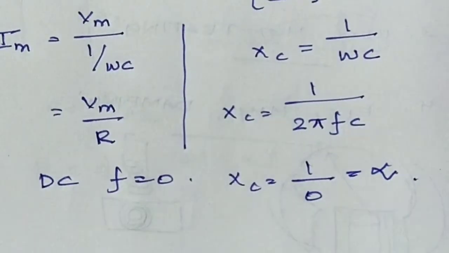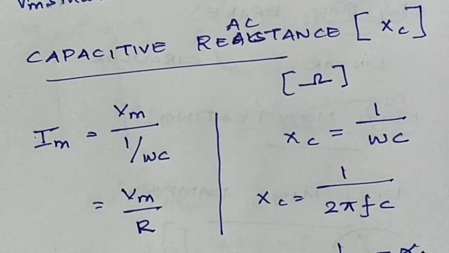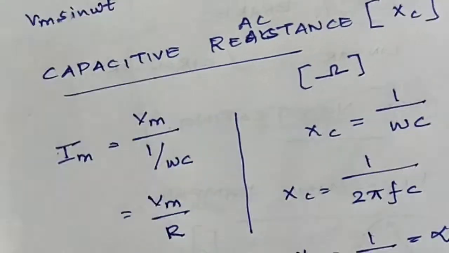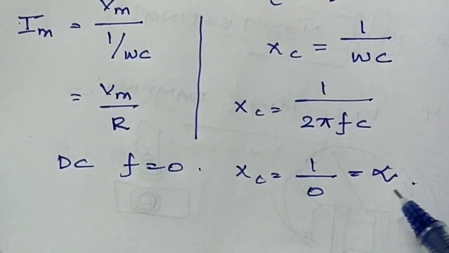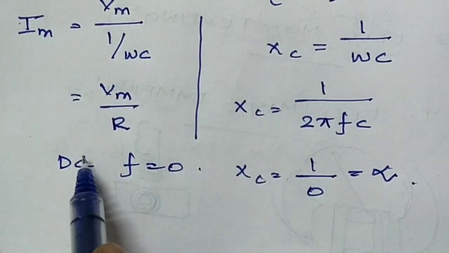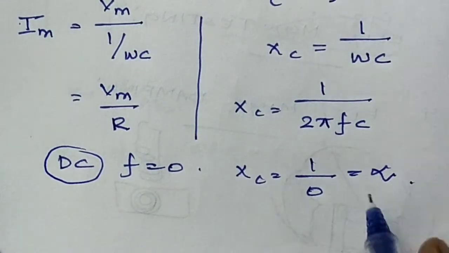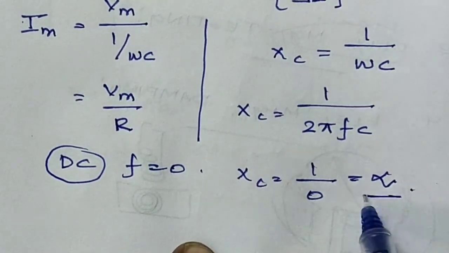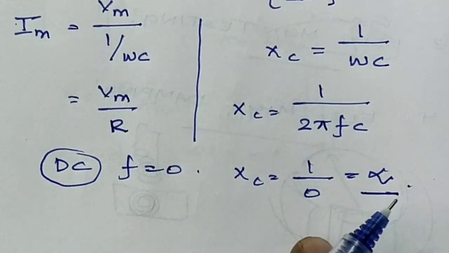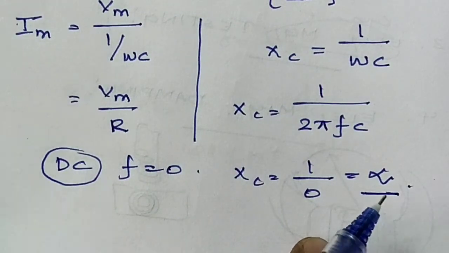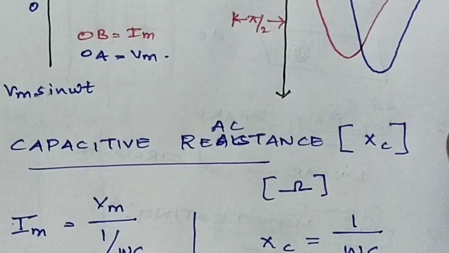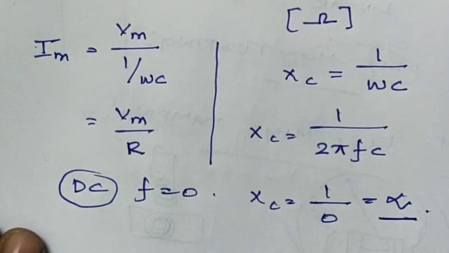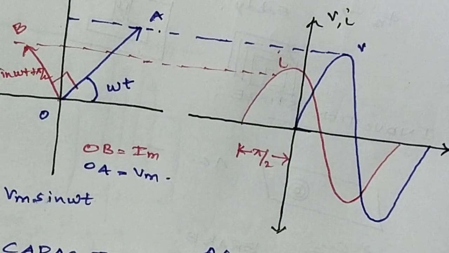So a capacitive circuit offers infinite resistance to steady current. So as far as the capacitor is concerned, if the current is DC, that is steady current, the resistance is infinite. So steady current cannot flow through the capacitor. That is the 2 mark question. But for the 5 mark question, write up to capacitive reactance. That is the capacitor connected in an AC circuit.